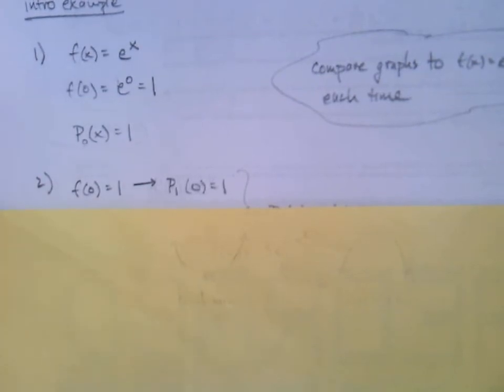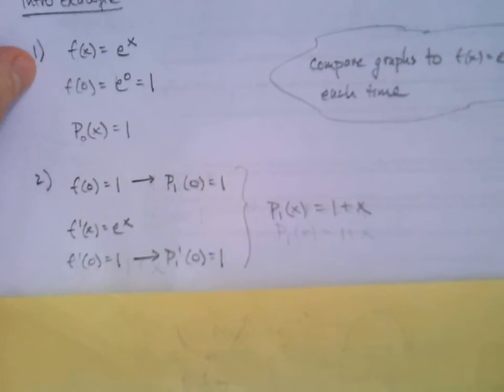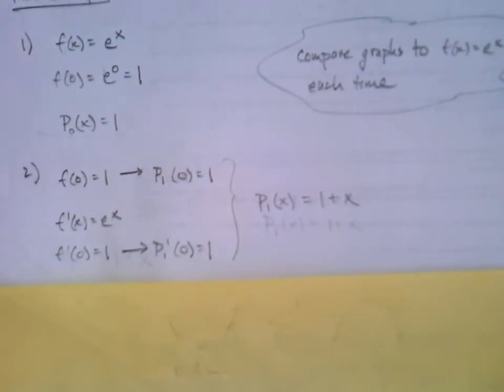Here we want to find a first degree polynomial, p1 of x, such that p1 of 0 equals f of 0, and p prime 1 of 0 equals f prime of 0. So let's take a look here. It'd be probably a lot more interesting if we were in class together, but we're not. So here's what we've got.